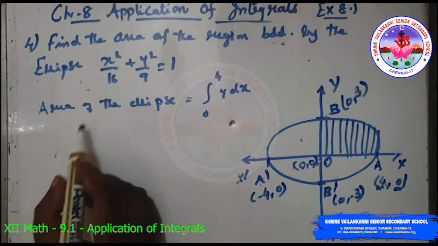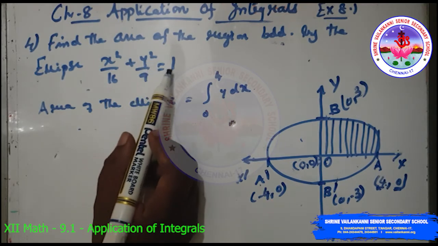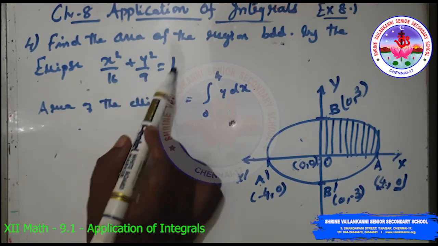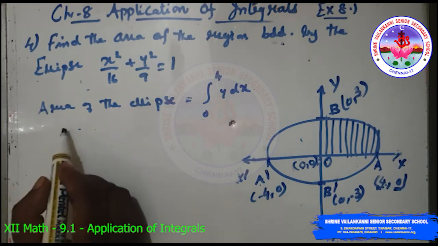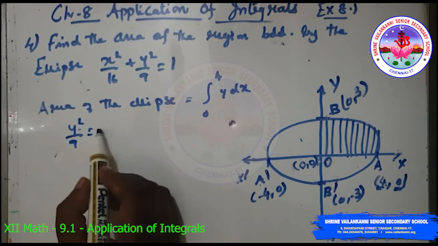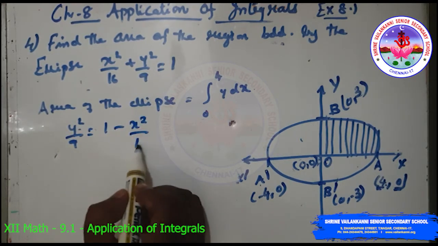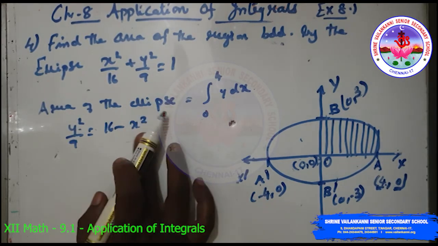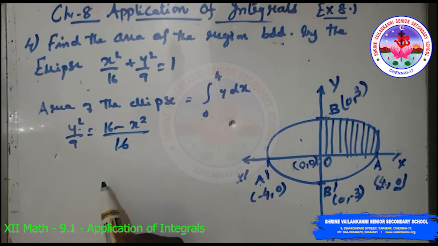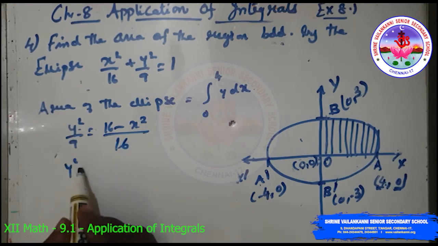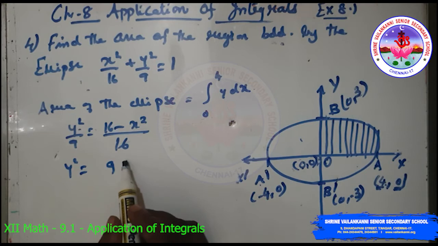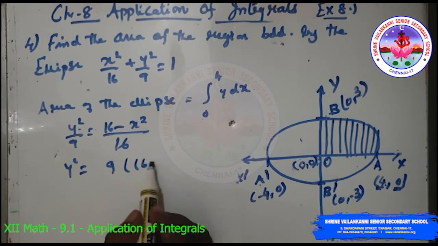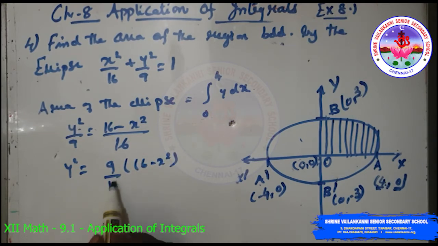Here the ellipse is x square by 16 plus y square by 9 which is equal to 1. From this we have to find y. So y square by 9 is equal to 1 minus x square by 16, taking LCM 16, (16 minus x square) by 16. So y square equal to 9 into (16 minus x square) by 16.